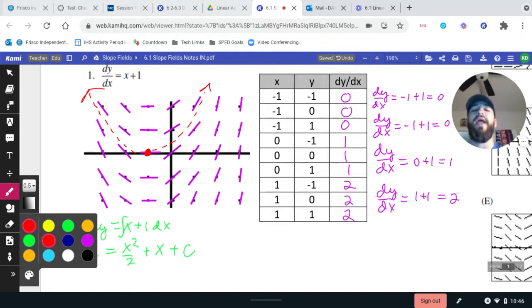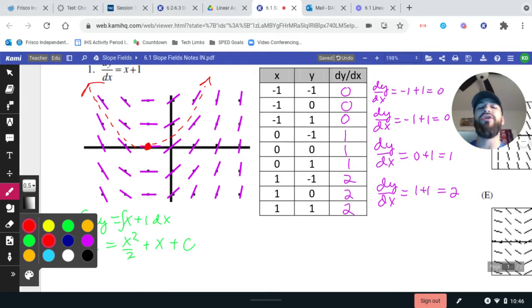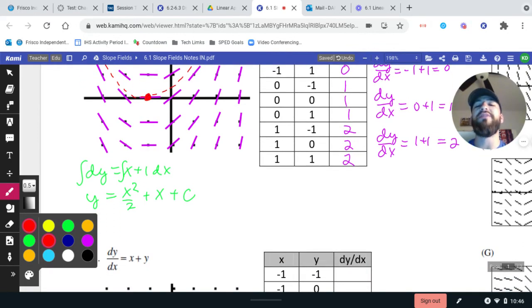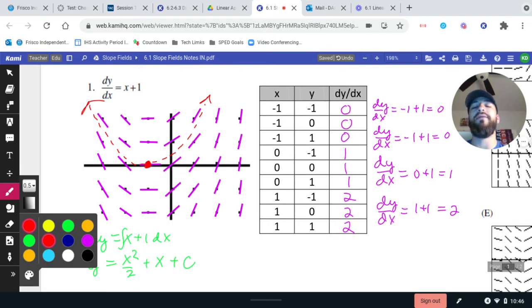So let's say I said your parabola had to go through the point -1, 0. Then you would plug in -1 and 0, and you'd get a specific value for c. And that value for c would make this into the particular solution for the graph that follows those slopes through that point. Hopefully this is starting to make a little bit of sense.